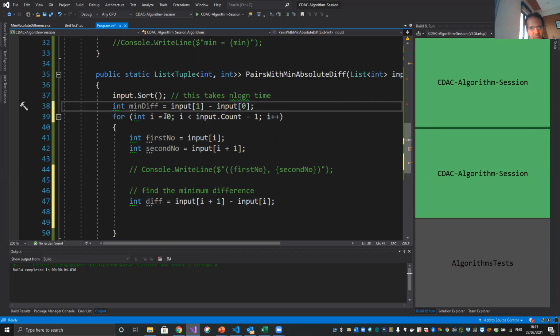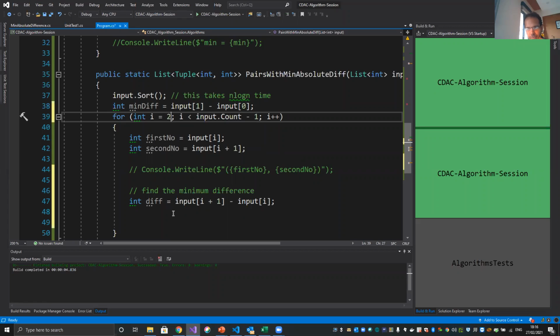And we start from 1 this time, or rather, 1 minus 0 is already done, so we start from 2 actually, and then we want 2 minus 1 and so on.